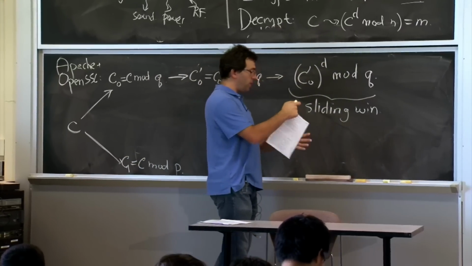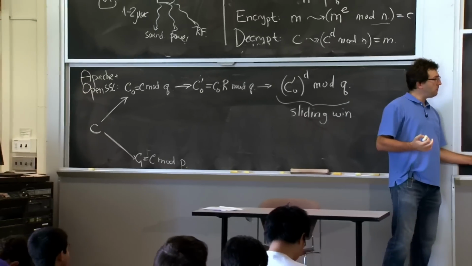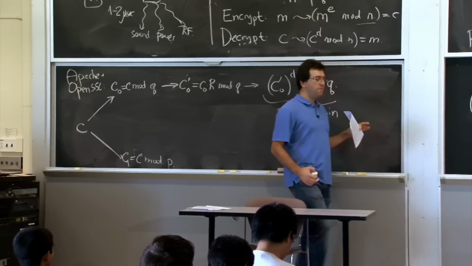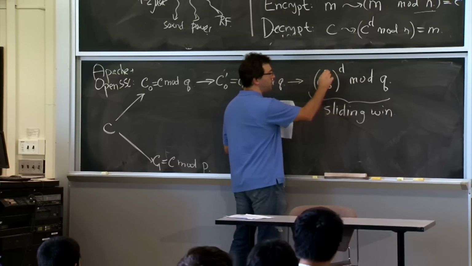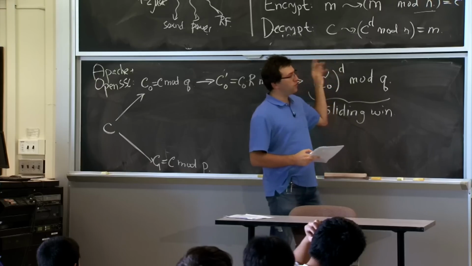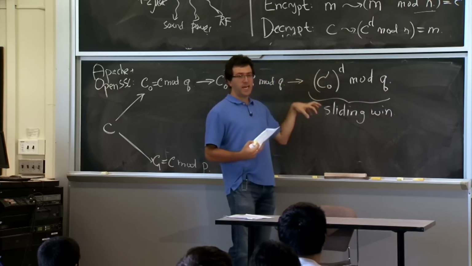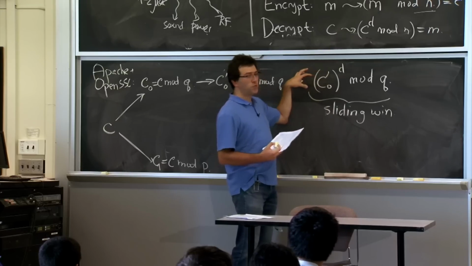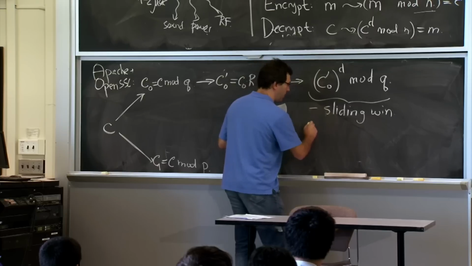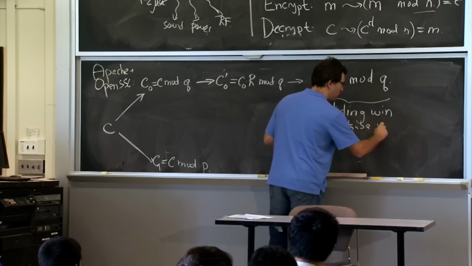And also, we're going to do Karatsuba or regular multiplication, depending on exactly what the sizes of our operands are. So if it turns out that the thing we're multiplying, C0 prime, and maybe the previously squared result are the same size, we're going to do Karatsuba. If C0 prime is tiny, but some previous thing we're multiplying it to is big, then we're going to do sort of quadratic multiplication, normal multiplication. So there's sort of sliding windows coming in here. Here we also have this Karatsuba versus normal multiply.